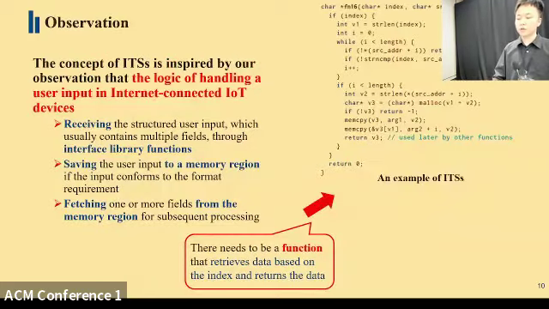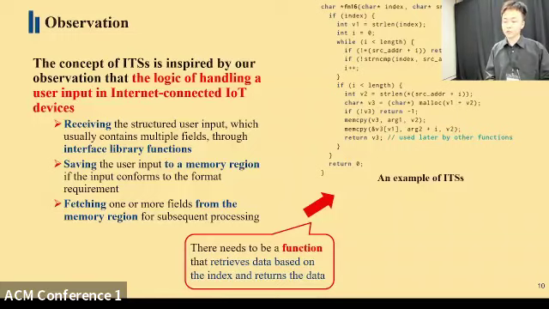The concept of intermediate taint sources is inspired by our observation of the logic of handling user input in internet-connected IoT devices. First, the user input data received is structured and usually contains multiple fields. Then, if the user input data meets the format requirements, the data is saved to memory.